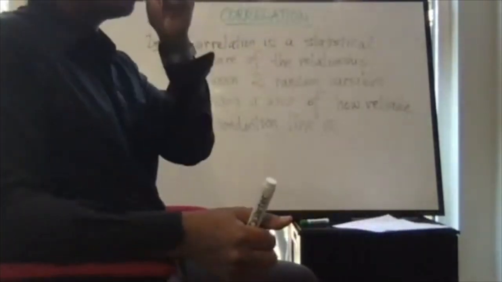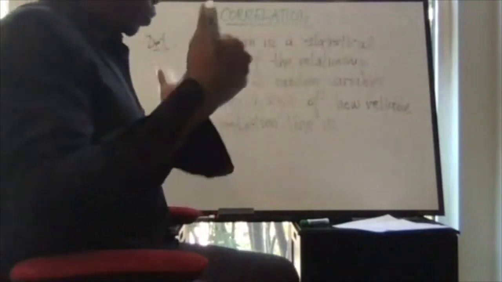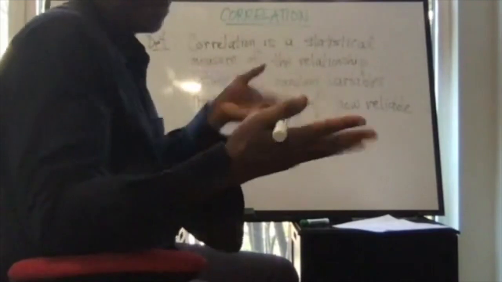Now, in different courses, they'll tell you different chunks of what we said between -1 and 1, and which one generally is a strong correlation, but statisticians can't really agree on the actual cutoff.